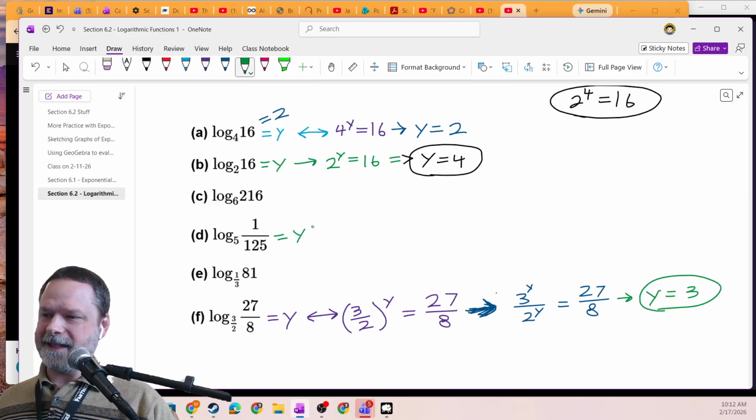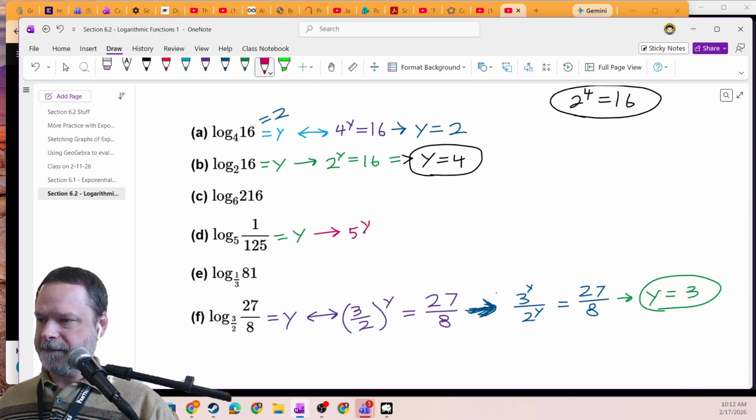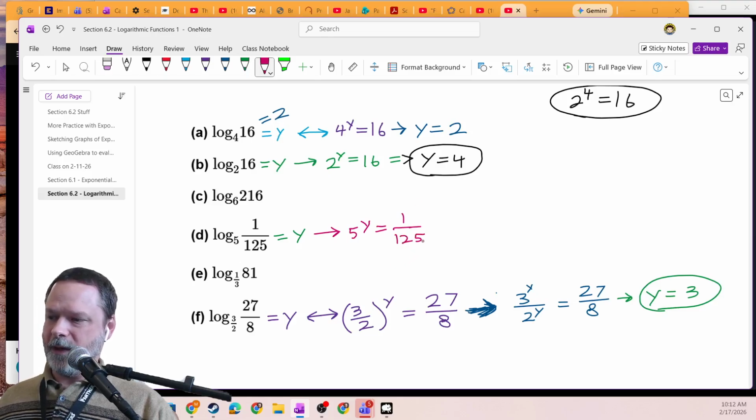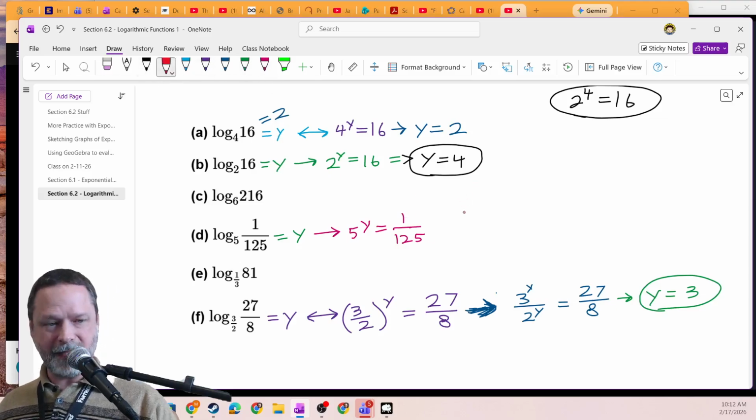So again, let's just make that equal to y and use our definition to rewrite it in equivalent form. We get 5 to the y equals 1 over 125. And here you might want to do what sometimes I like to do. There's lots of ways to do these. I recognize this as a power of 5.